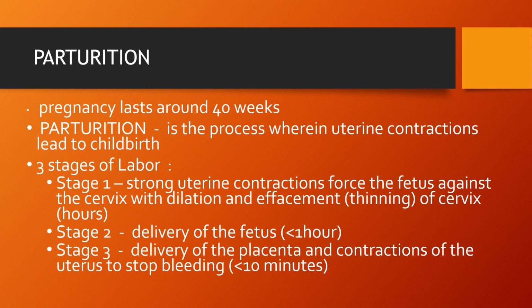Stage 1 will be forceful uterine contractions that push the fetus against the cervix, causing dilatation and effacement or thinning of the cervix over hours. And later on, it goes to stage 2, which is the delivery of the fetus, usually less than 1 hour. And stage 3 would be the delivery of the placenta and contraction of the uterus to stop bleeding. That should be around 10 minutes.